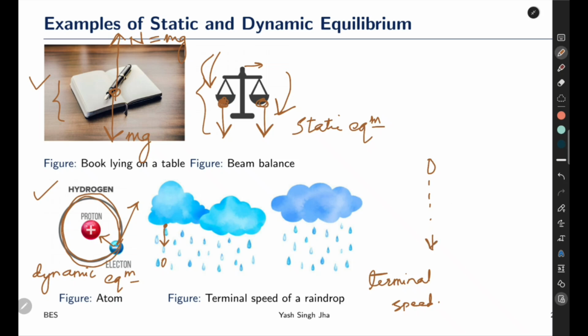The forces acting on it are the weight of the drop and the air resistance, the drag force. They balance each other out and the drop falls with a uniform speed. This is an example of dynamic equilibrium.